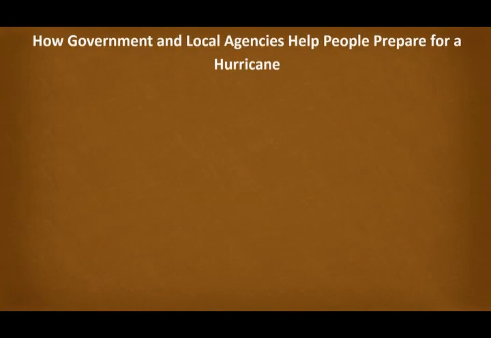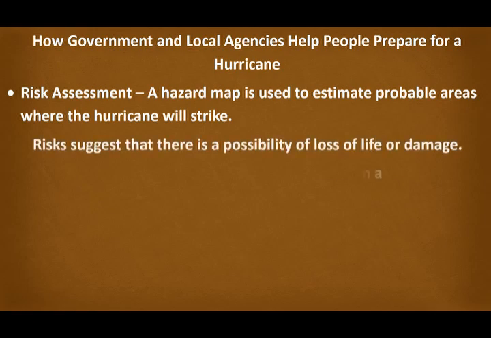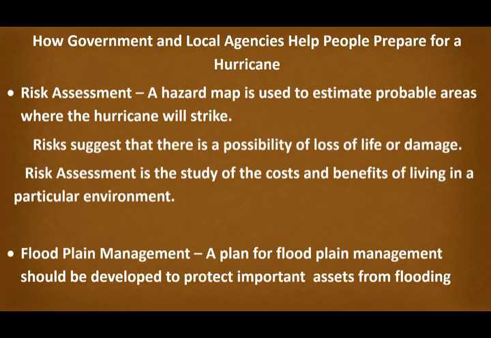Governments tend to carry out preparation for a hurricane in the following ways. They will do what is called a risk assessment. They will also carry out floodplain management.